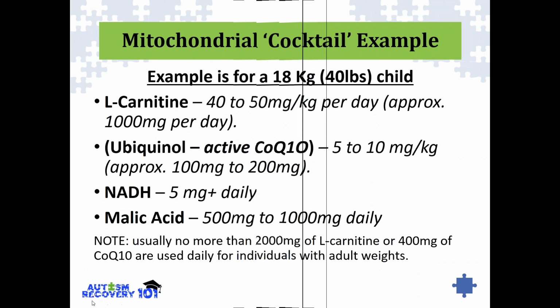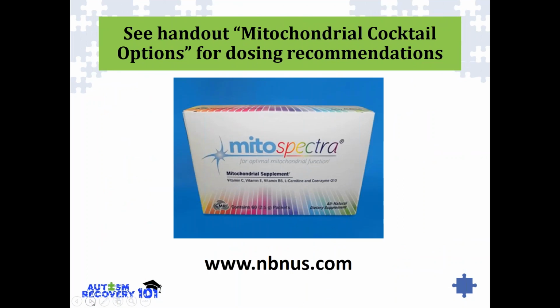A real convenient way to dose this quote-unquote mitochondrial cocktail is this product called MitoSpectra. Now, MitoSpectra was actually developed for individuals or children with mitochondrial diseases to support mitochondrial function, but it's also useful, again, in mitochondrial dysfunction. It's got a little bit of vitamin C, vitamin E, some B5, L-carnitine, and CoQ10.